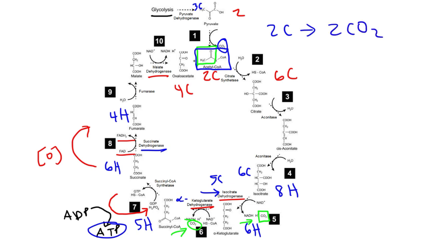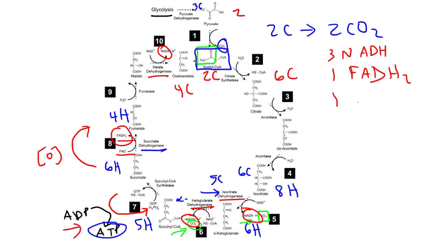And notice that we get a total of 3 NADH molecules. So one turn of the cycle produces 3 NADH molecules. We also get 1 FADH2, and we get 1 molecule of ATP. So that's for one turn of the Krebs cycle.